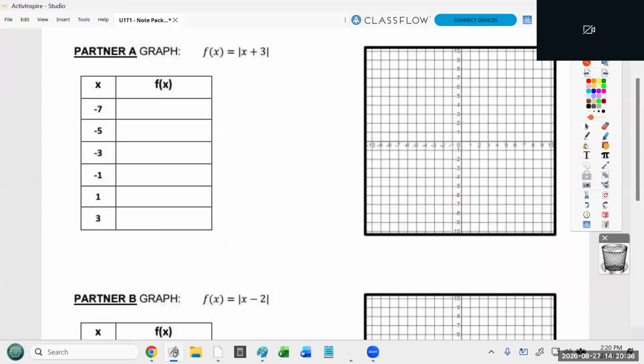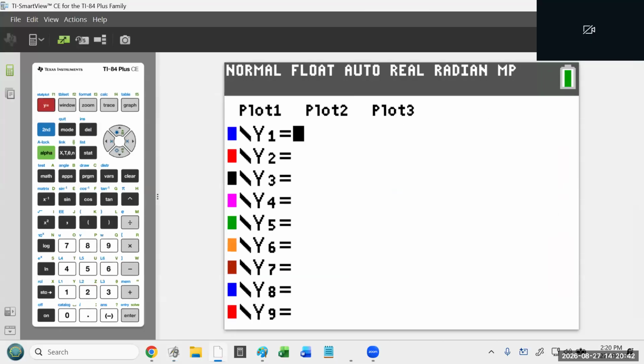Now again, I want to teach you all how to type this into your calculator. So everyone hit y equals. This is where you type functions in. Y equals is for functions. We need absolute value. Now, can anyone tell me what is the blue word just above the number 0 on the calculator? What does that say?